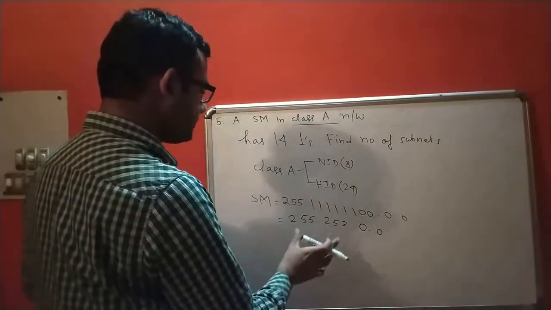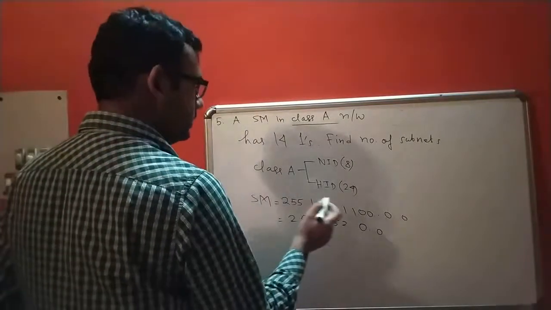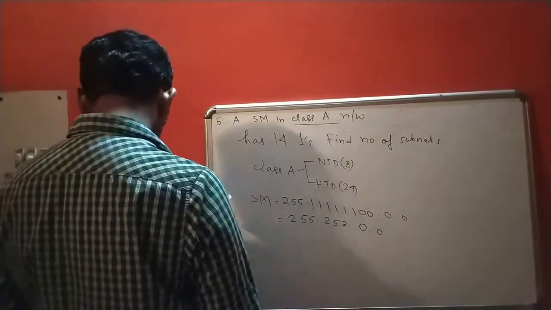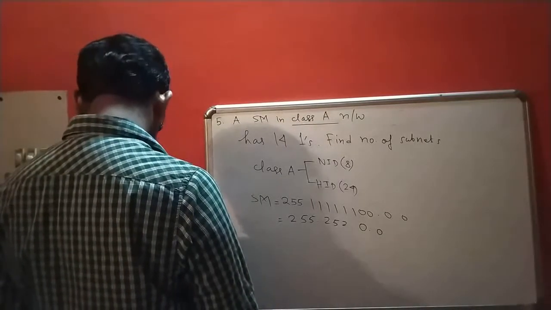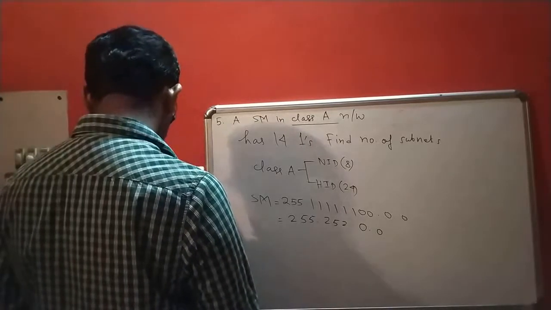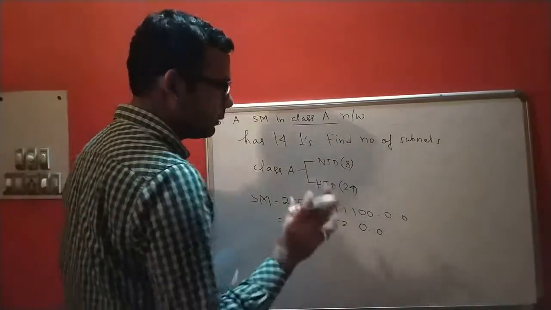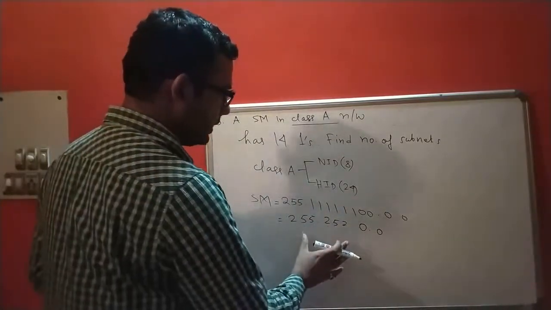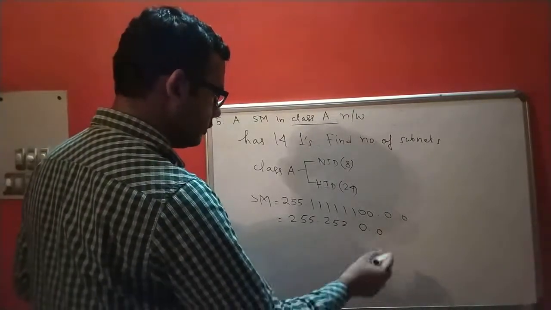Fine. Are we given any more information in the question? Let me have a look. No, we are only asked to find the number of subnets. So the subnet mask will represent the network ID portion, and we get 14 ones.